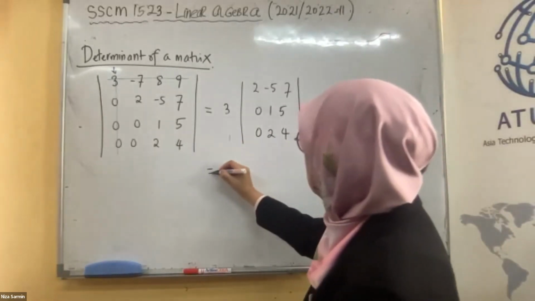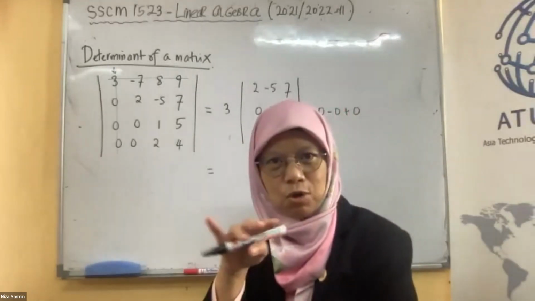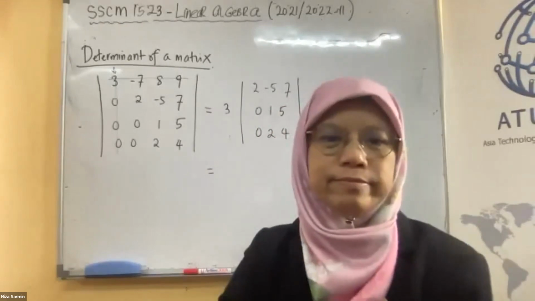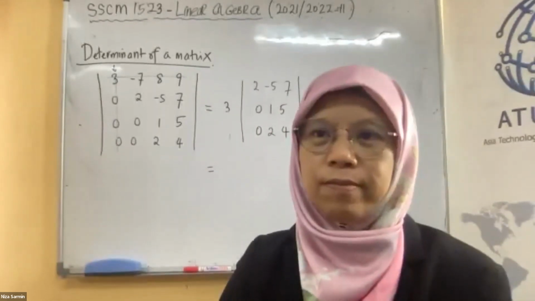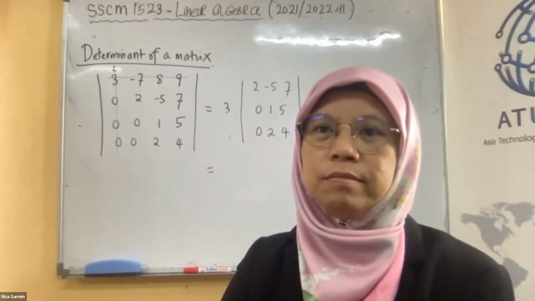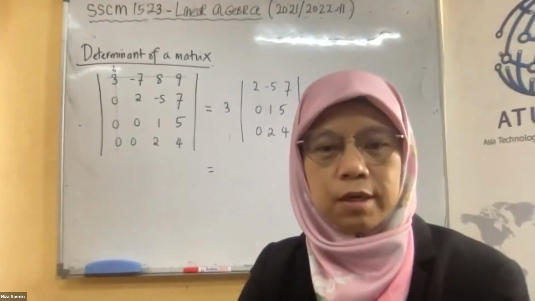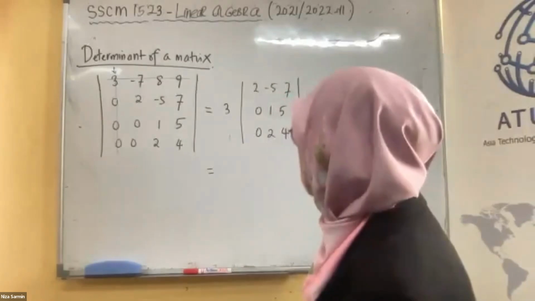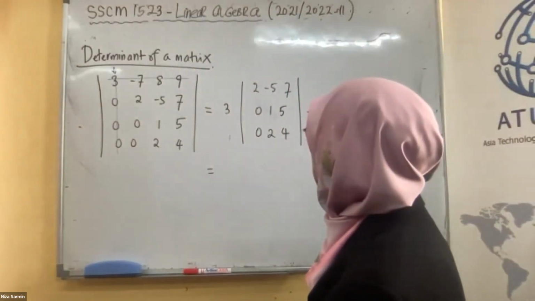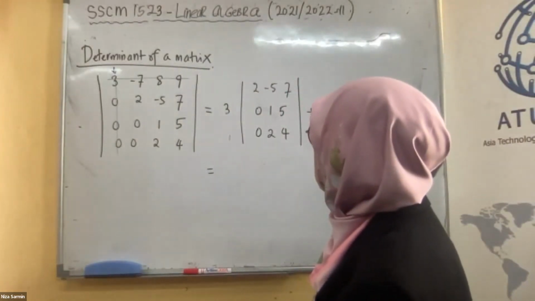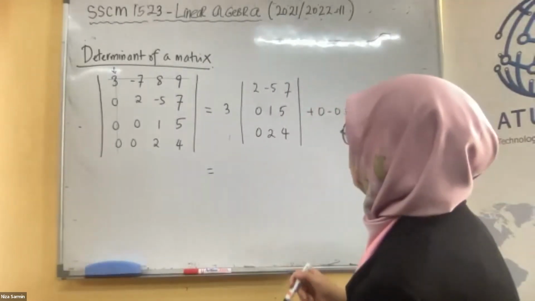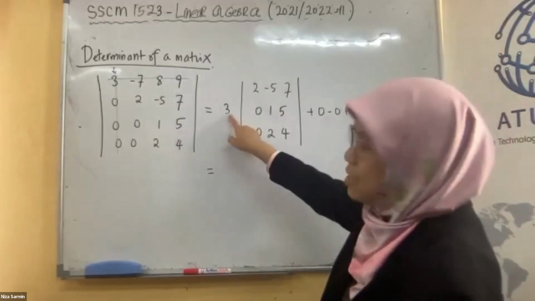Okay, next. Type again which column or row that you want to choose. Okay, let me see. Row 1. Column 1. Okay. Don't forget this 3, yeah?